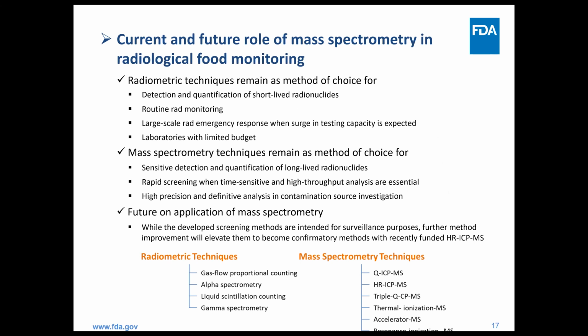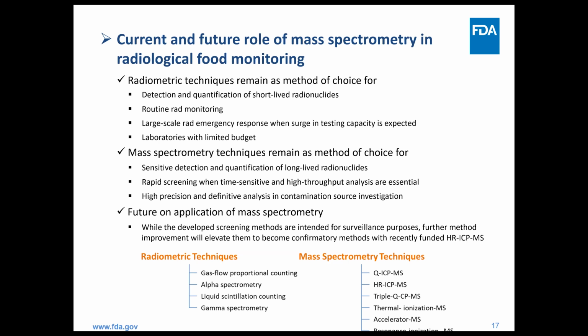Despite the method needs, I would say currently, the radiometric technique still remains the method of choice for a number of reasons. Detection and quantification of short-lived radionuclides certainly favor the radiometric method, and routine rad monitoring, because it's very cheap and most laboratories possess the equipment.